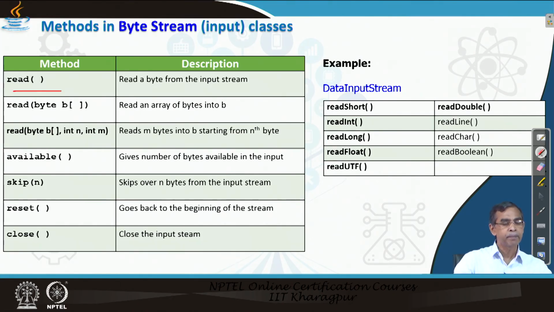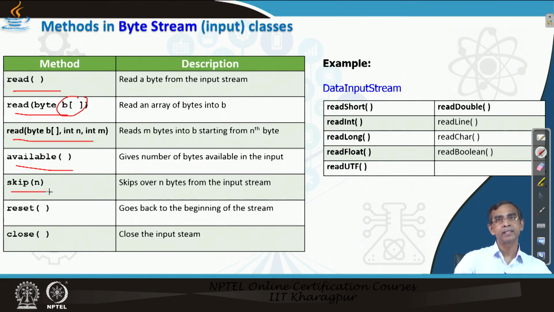First is the read method, which reads a byte. Then there is read into a byte array, and read bytes within a certain offset. Available indicates how many bytes are still available to read from the input stream.